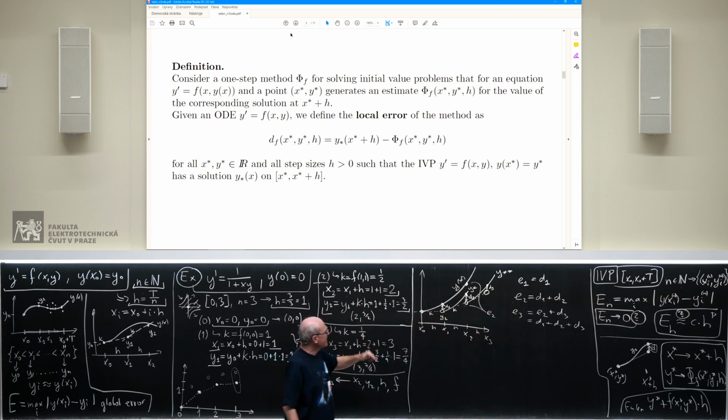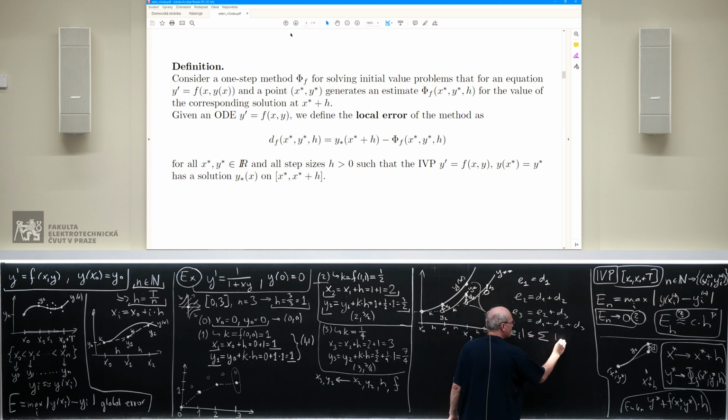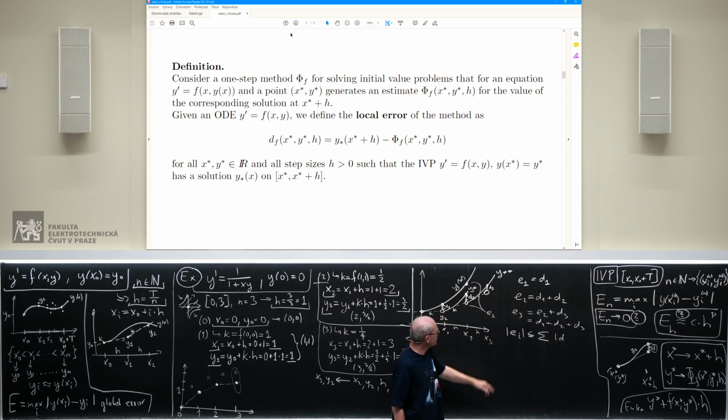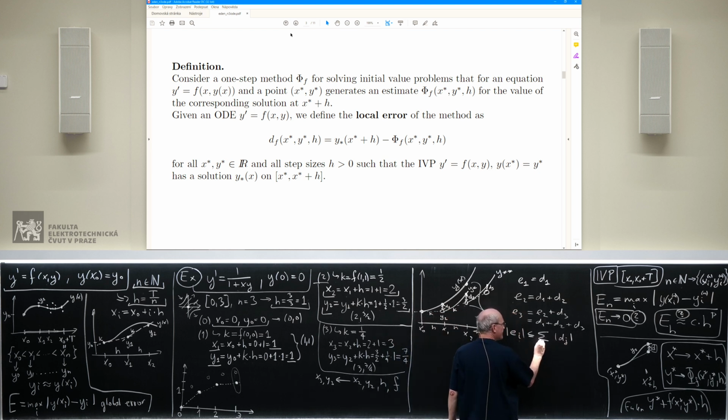When we apply absolute value, we learn that Ei is less than or equal to the summation of local errors, but I don't want to use the index i over here because I'm using i for the identification of the global error, or of the local distance. That's the right word. So I'm going to use j, and j goes from 1 to i. I'm getting this estimate, but to make my life easier, I will add the other local errors as well, and I simply sum up all of them.